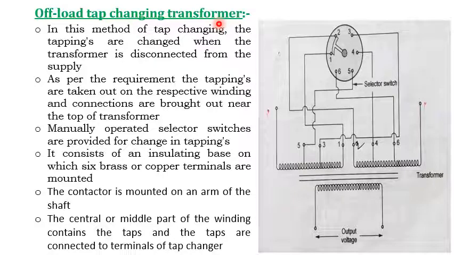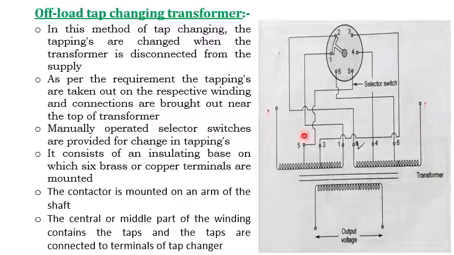In this method of tap changing, the tappings are changed when the transformer is disconnected from the supply. Such a method is used only when the transformer is disconnected from the supply. The transformer is not at all connected with the supply. As per the requirement, the tappings are taken out of the respective winding and connections are brought out near the top of the transformer.